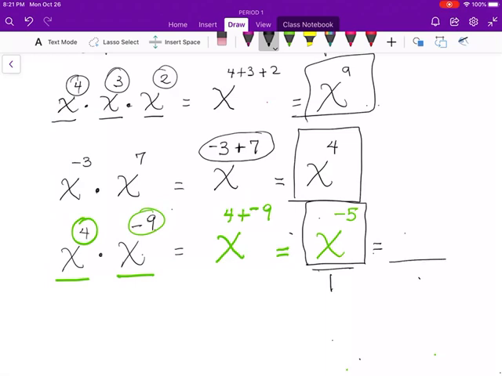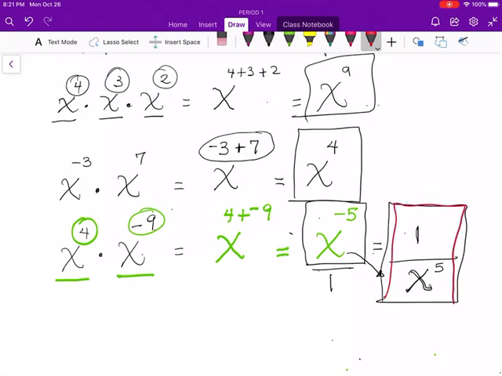To write the reciprocal, all you have to do is put this down as the denominator, and the power becomes positive 5. So you could write your answer as 1 over x to the power of 5 or x to the negative 5. Please understand that these two are exactly the same. They don't look the same, but the value is exactly the same. They're equal. Okay?